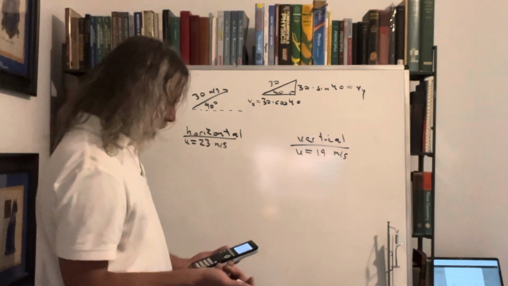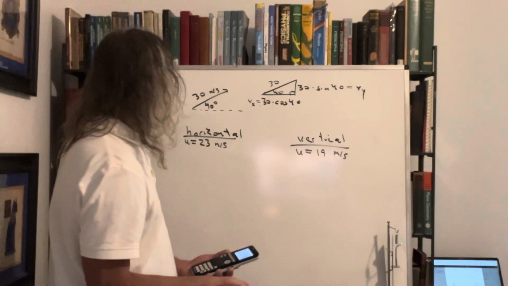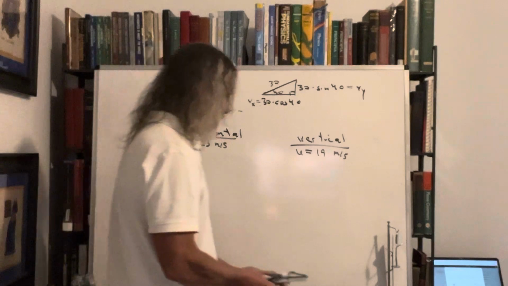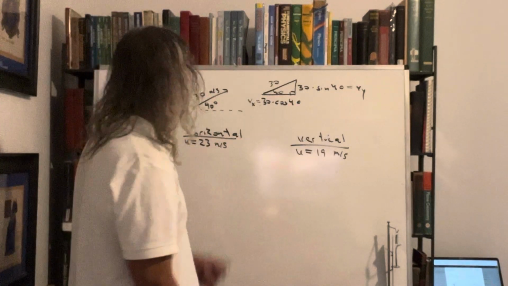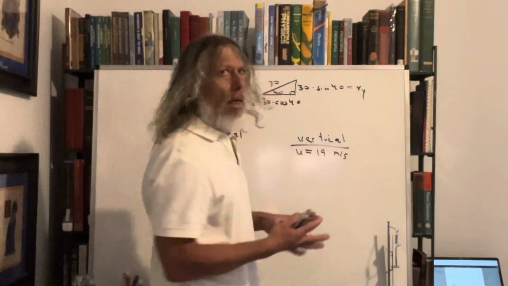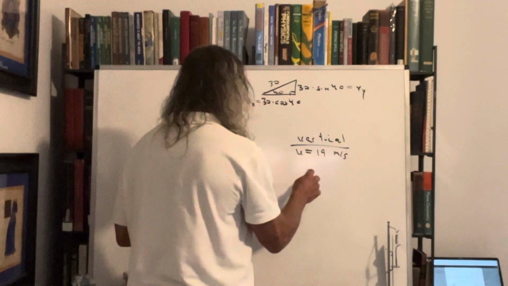Round it, you can do 19.3 if you want. So that's one thing we're given in the up and down direction. So ignore this, look at this. We want to get the up and down. Vertical is that.